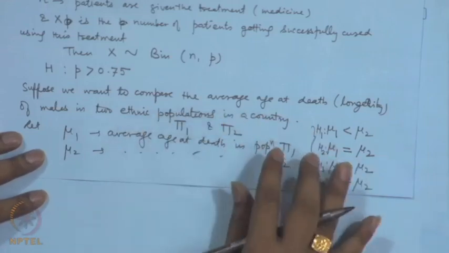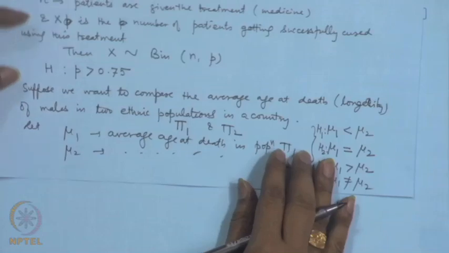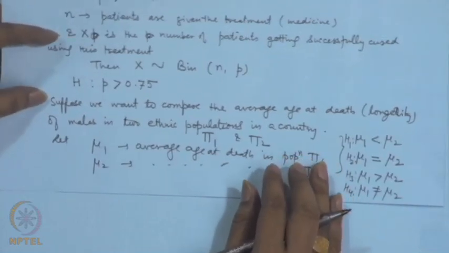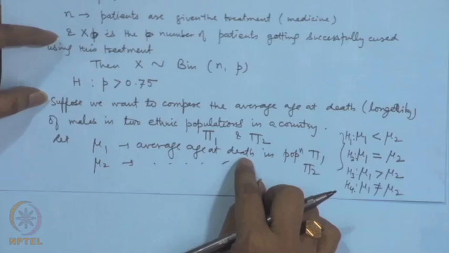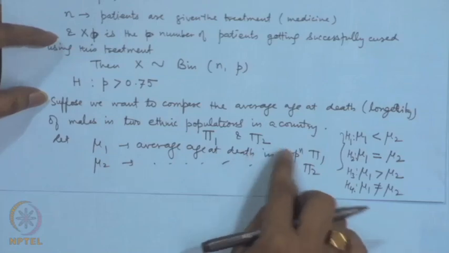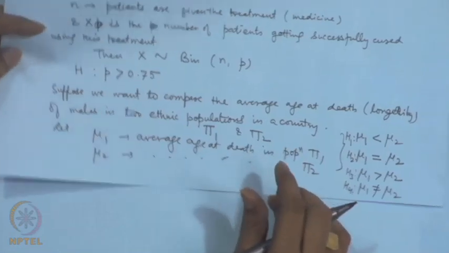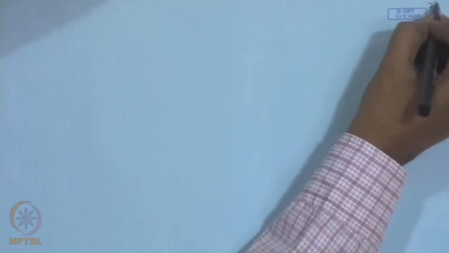Now, to put it in the statistical framework, we will assume that the ages at death in the two populations follow certain distributions.